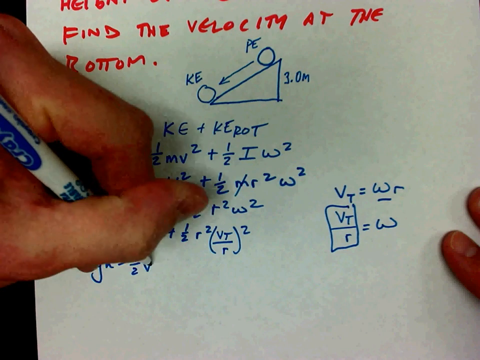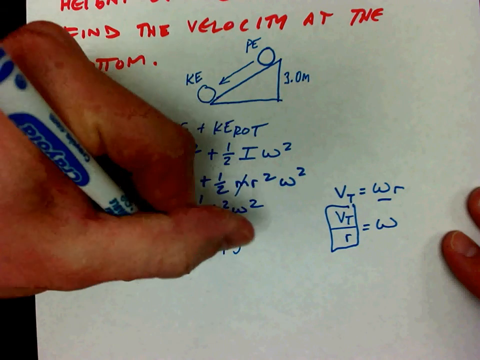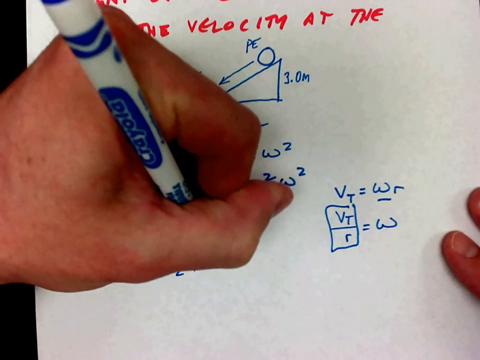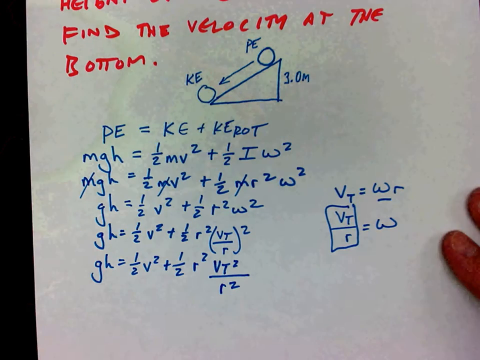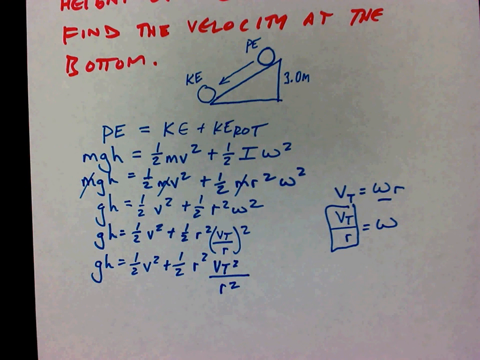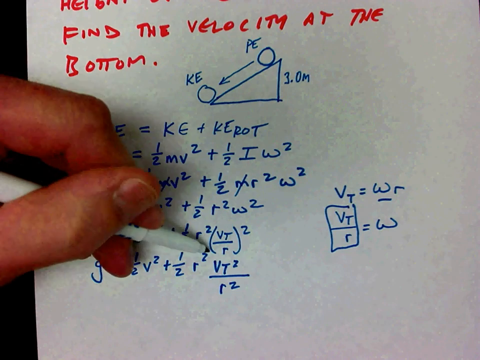There we go. Kind of a lot of equation work. Okay, that looks all right. And so now by doing that, hopefully you can see we've got r squared on the bottom and we've got r squared right there, which is terrific because that cancels out one of those variables that we did not know.